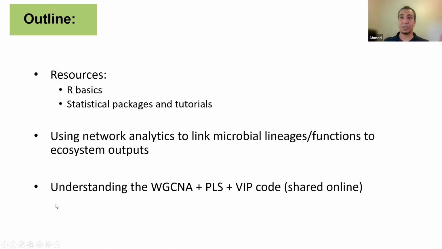our code, and understand exactly what are the inputs and the outputs from each chunk of code, and the key steps that you want to understand really well and modify based on your data and the complexity of your data and the ecosystem that you are working with, so that you can get meaningful results.